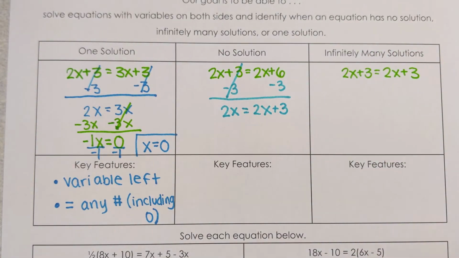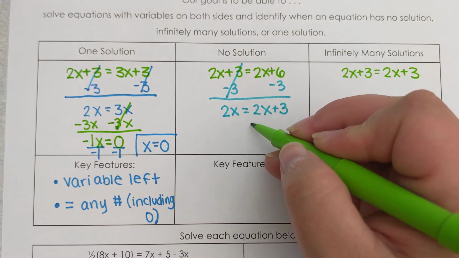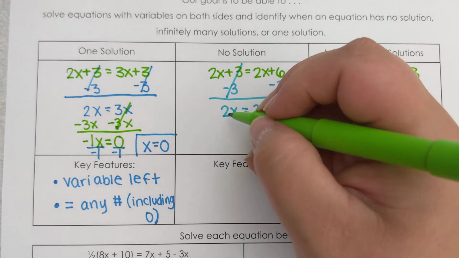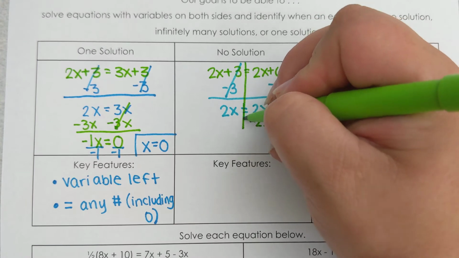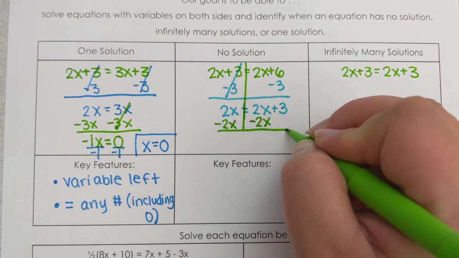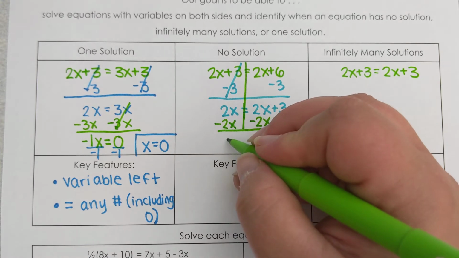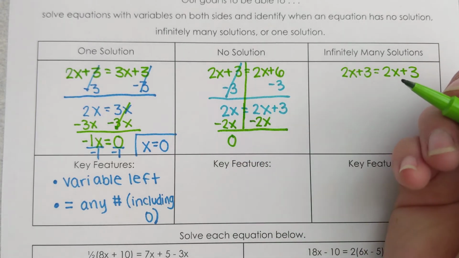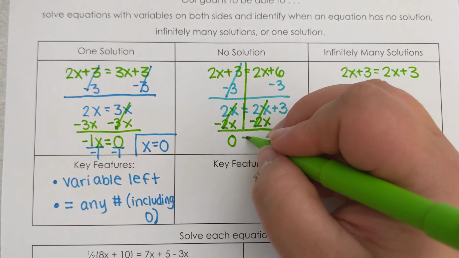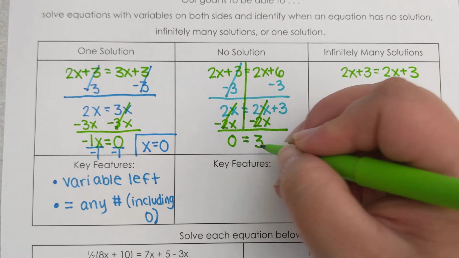Then I'm going to subtract these x's to the other side of the equation, because I want them to go across my equation wall that I should have drawn before. And I get 0 x's. There's nothing left. These both canceled out. And then it equals 3.